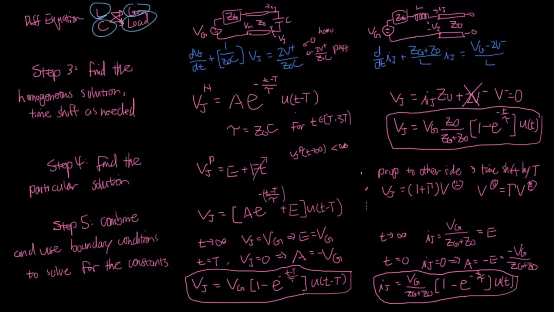Another trick that might happen is a change in situation, so you might need to connect it to something that was happening before, in which case your boundary condition situation would be different. You would say that at t equals a particular time, maybe it has to be continuous with the value of what was going on before. Then you would plug in that time and solve for the constants so that they match up.